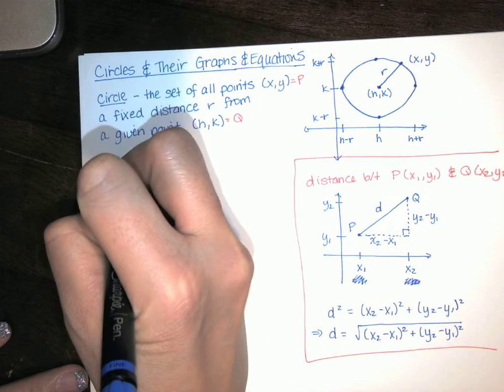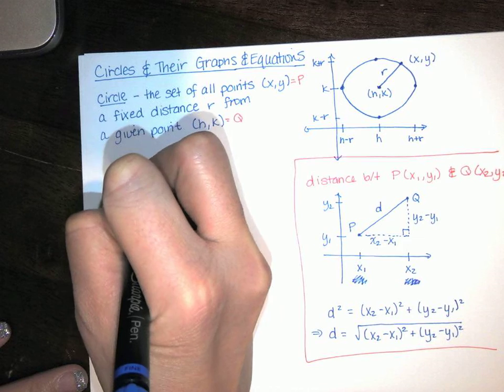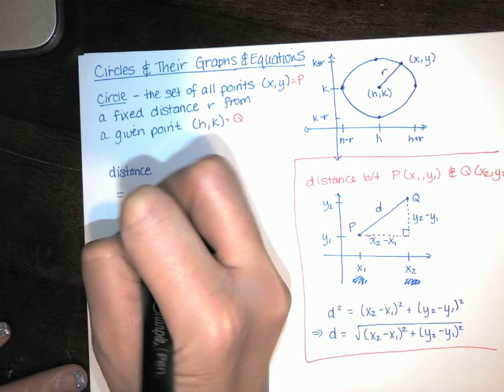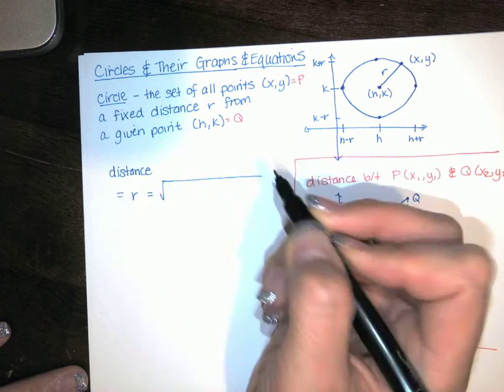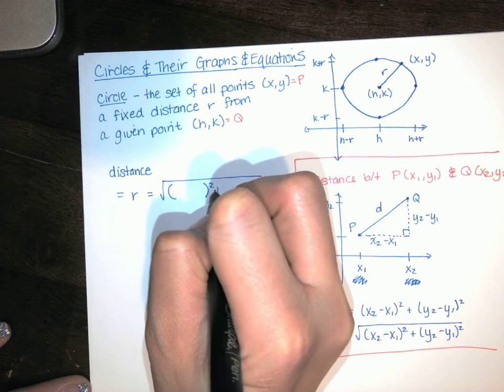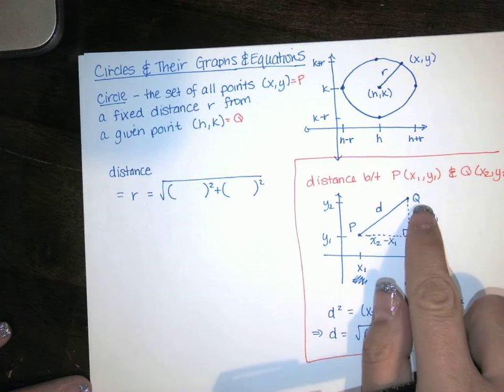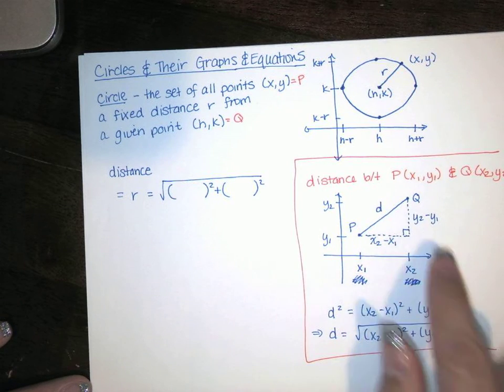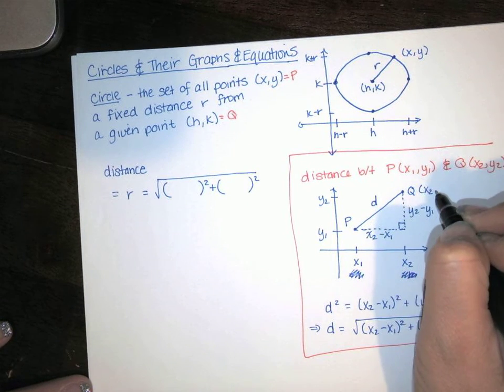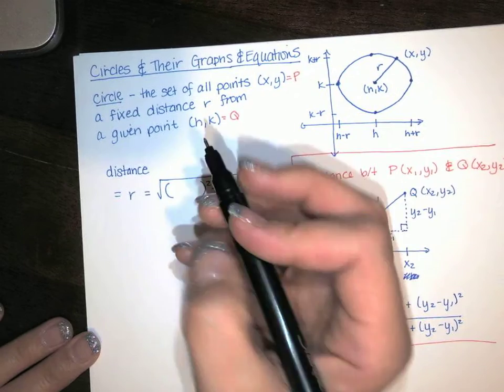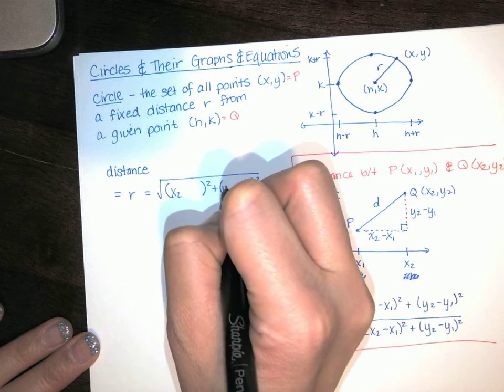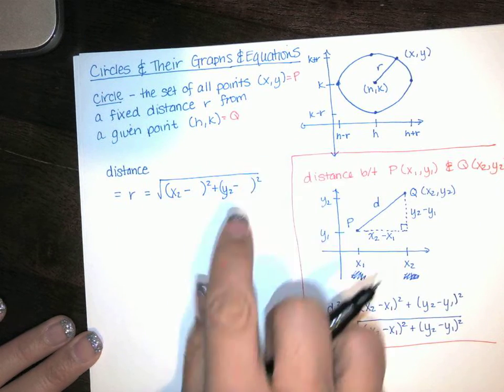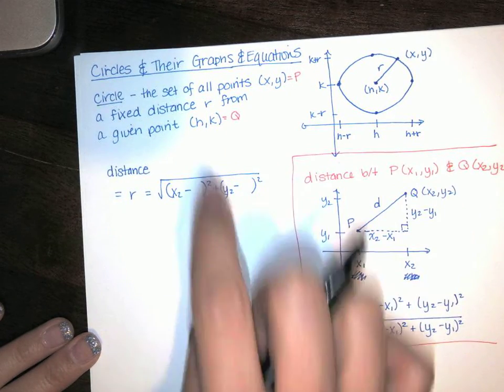So the distance is equal to r, which is equal to the square root of, we take that second point's coordinates, x2, y2, and we subtract the coordinates of the first point.